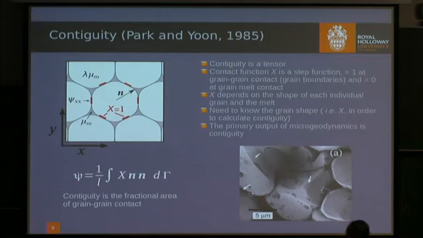One way to define contiguity mathematically, oh, by the way, my contiguity is Uli's wetness, so my contiguity psi is 1 minus Uli's psi, so they are going to look opposite, okay? One way to define this contiguity in a two-dimensional model, and you could do sort of the same thing for a 3-dimensional model, is to define a function called the contact function x, and this function takes the value of x equal to 1 at the grain-grain contacts and 0 at the grain-melt contacts.